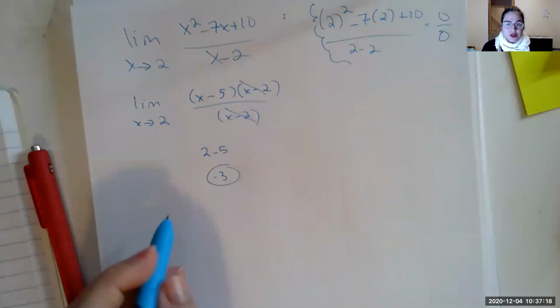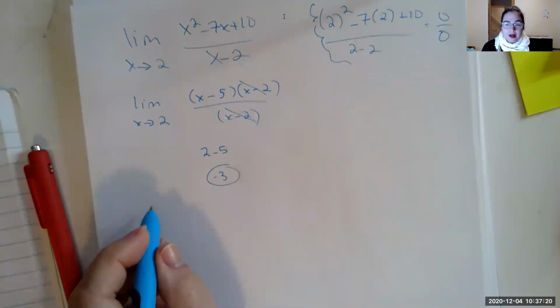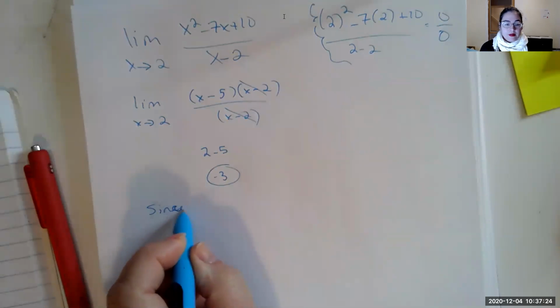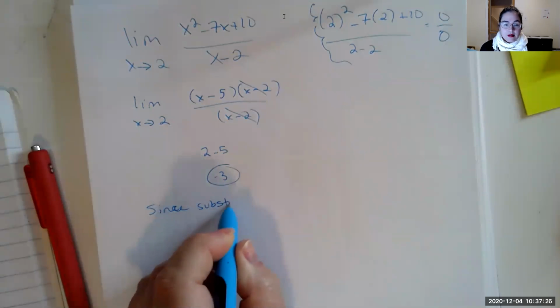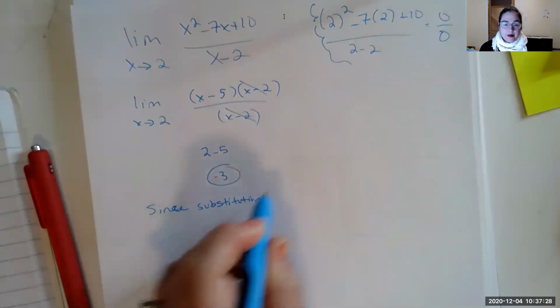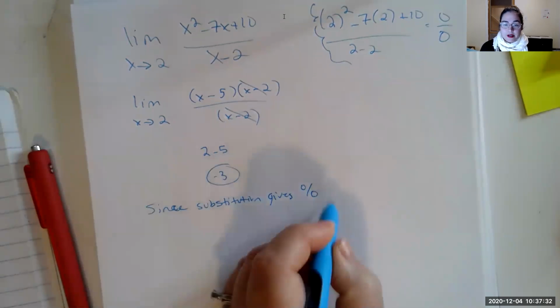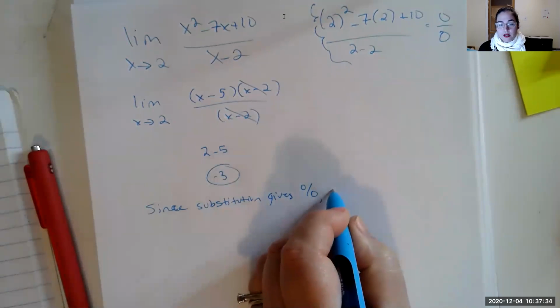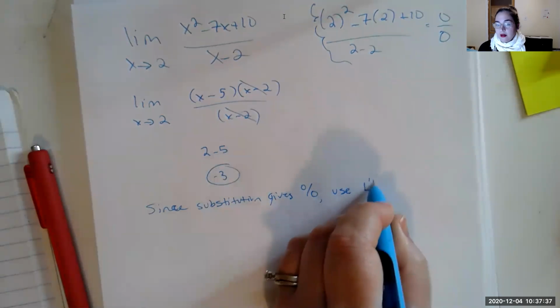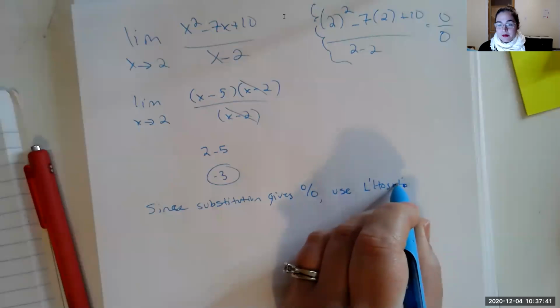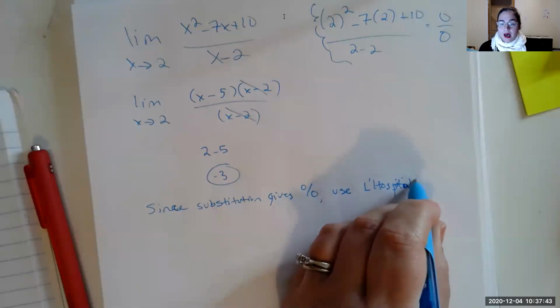But now let's try using L'Hopital. Since substitution gives an indeterminate limit, 0 over 0, we can use this rule. You can spell it hospital, or, oh, I can't even spell it.